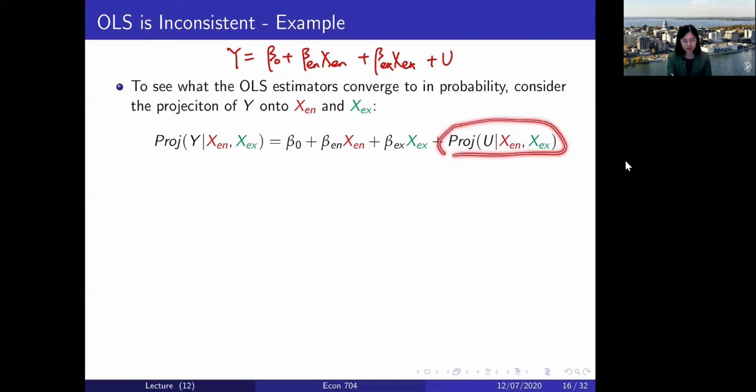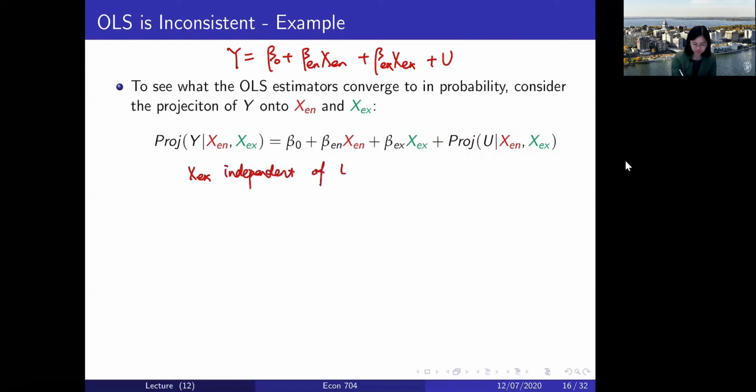Now, what is this? Remember, in this simple example, we said XEX is independent of U. So that is the good variable, but XEN is generated by XEX and U. So we assumed these two things for this simple example.